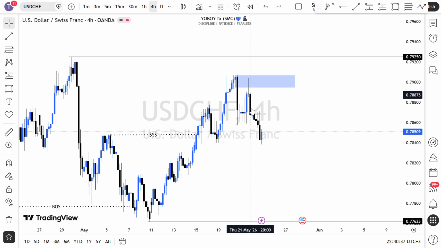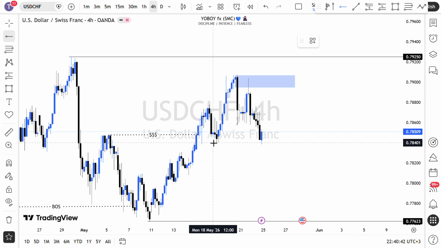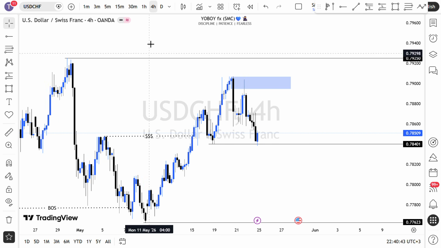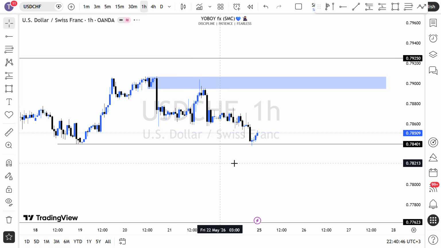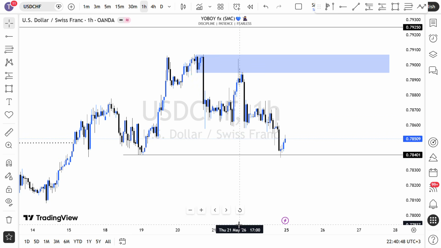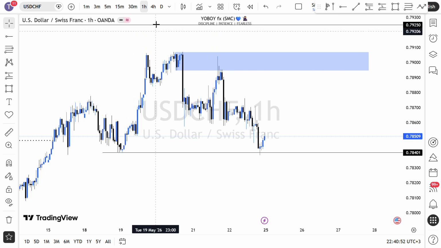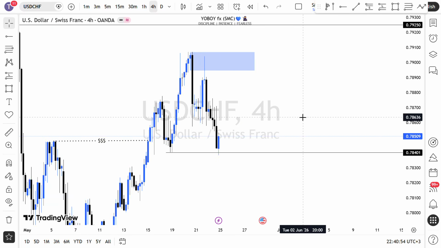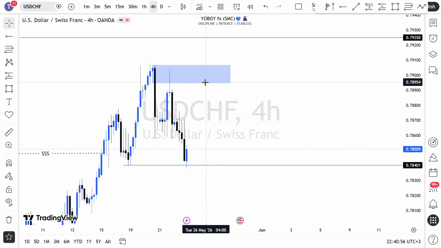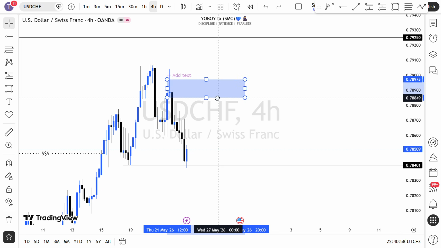And then right now we need to see price clearing this low to the downside to have a clear confirmation that price is willing to move even lower to the downside. So I need to see price closing below this point, and then if I want to have the continuation entry, I will wait for price to come back into this area once again.